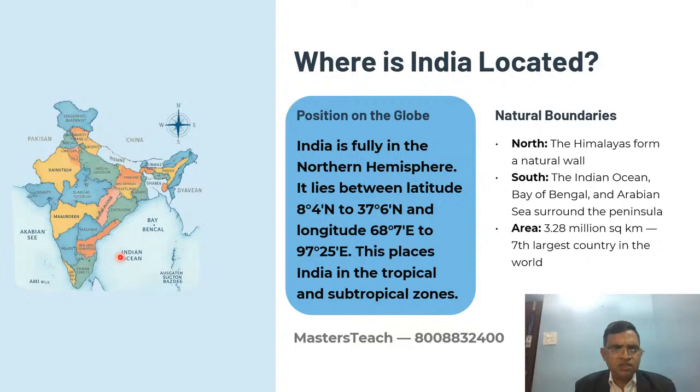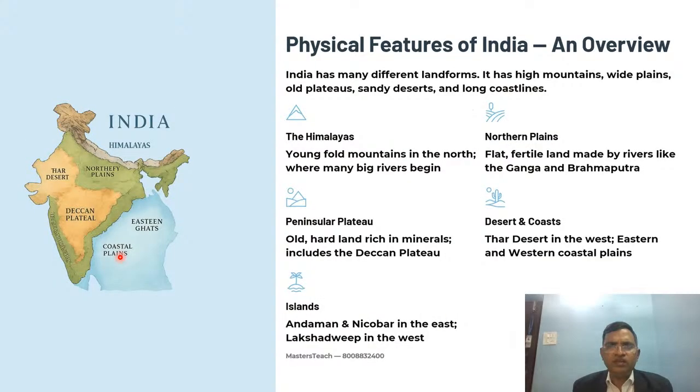The sea surrounds the peninsula. It covers around 3.28 million square kilometers. It is the seventh largest country in the world. So this is about India and its physical features.